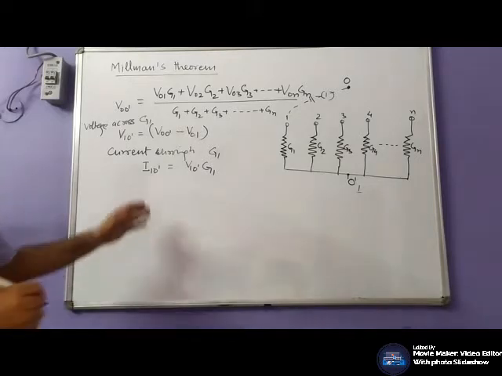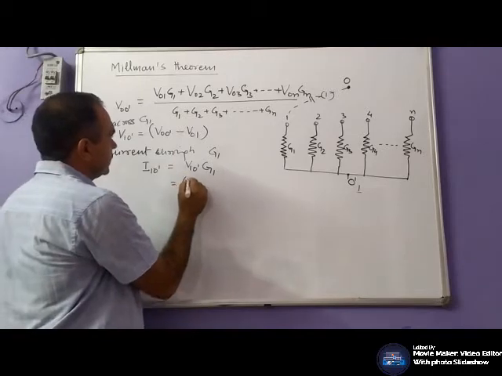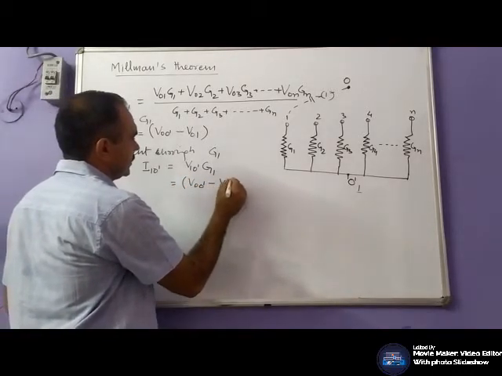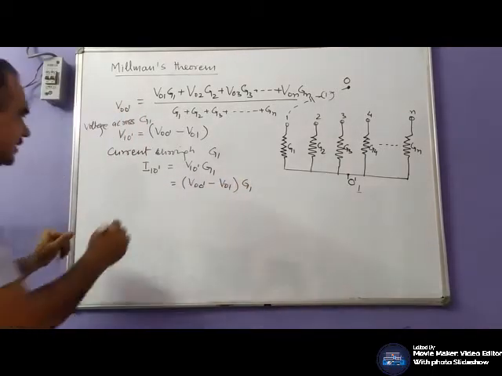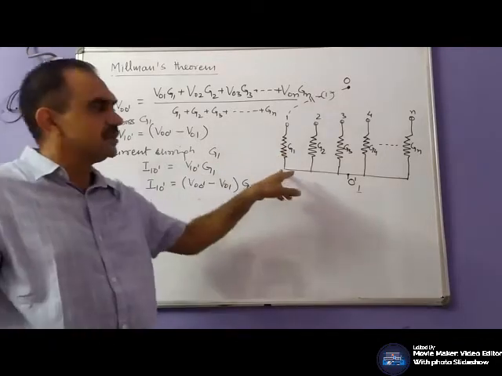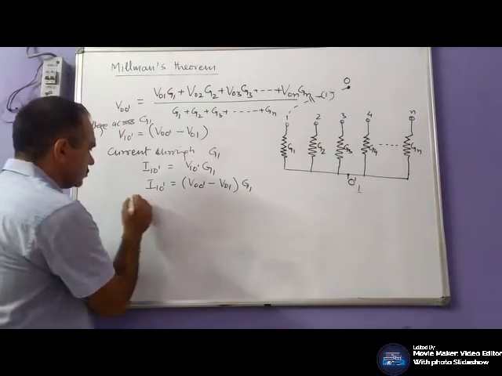Or we can say I10 dash was V00 dash minus V01 into G1. So this is the current across this G1. Now similarly current across G2.